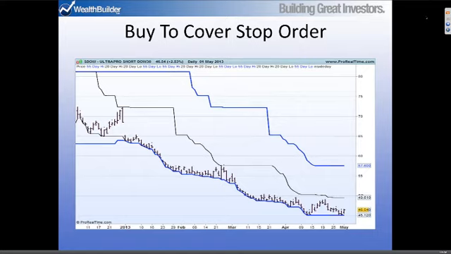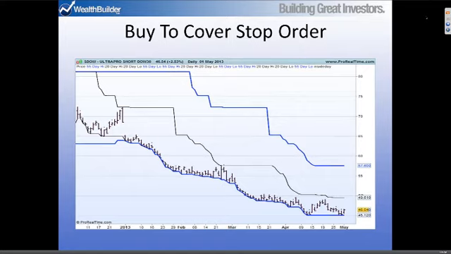Once the stock price trades at or above the price you specified, it becomes a market order to buy to cover. In other words, if you are in a short trade, you place a buy to cover stop order as your protective stop loss.